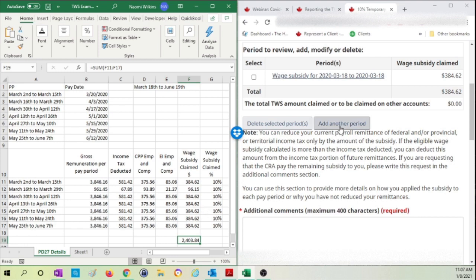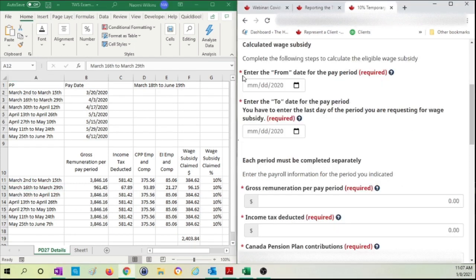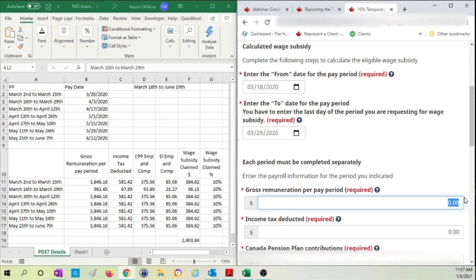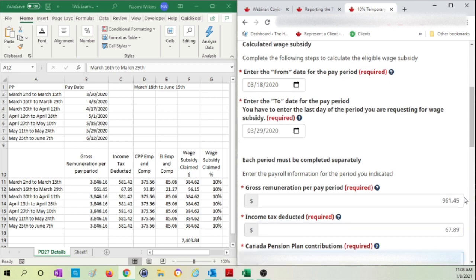So I'm just going to do one more with you guys because the next one's also kind of weird. We're going to add another period. And so I'm going to put in now, I can't do March 16th, remember, because it doesn't let me, but I can do March 18th, and I will say to March 29th, like that. For this case, it was 961.45, and then 67.89, and then 93.89.